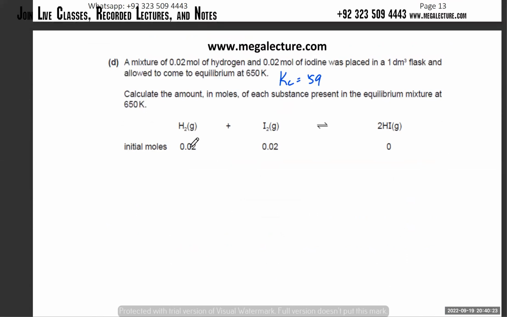So how much of H2 is reacting? These are the initial moles. How much of H2 is reacting? I have no idea. So I'm going to write X moles react. If X of H2 reacts, X of I2 would also react. It's 1:1. And if X reacts with X, on the other side it's going to be 2X getting produced.